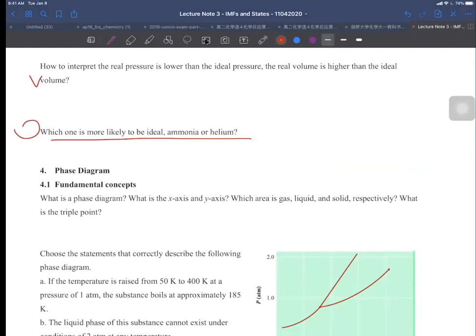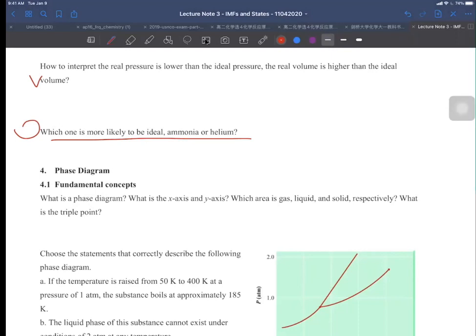Which one is more likely to be ideal, ammonia or helium, guys? I think helium. Why do you think it's helium? Because it's smaller, so it has less volume.